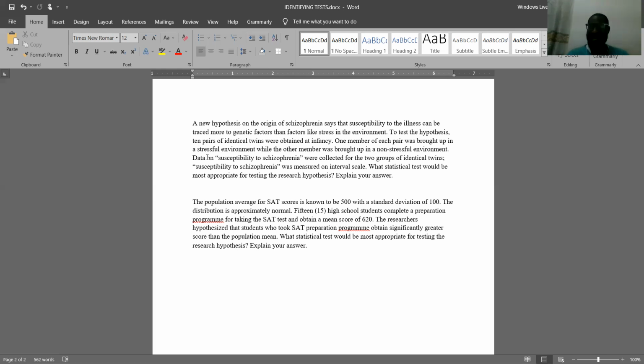You first emphasize that the two sets of scores for members of the identical twins are related. Again, the dependent variable, which is susceptibility to schizophrenia, was measured on interval scale. Therefore, the appropriate test to use is correlated t-test.